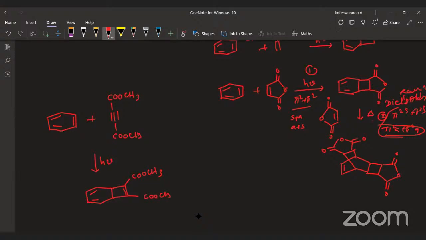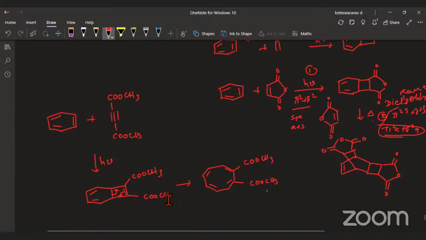Now you can understand that this will break down, that means it becomes rearranged. That leads to the formation of a cyclooctatetraene derivative with acetate, ester substitutions.